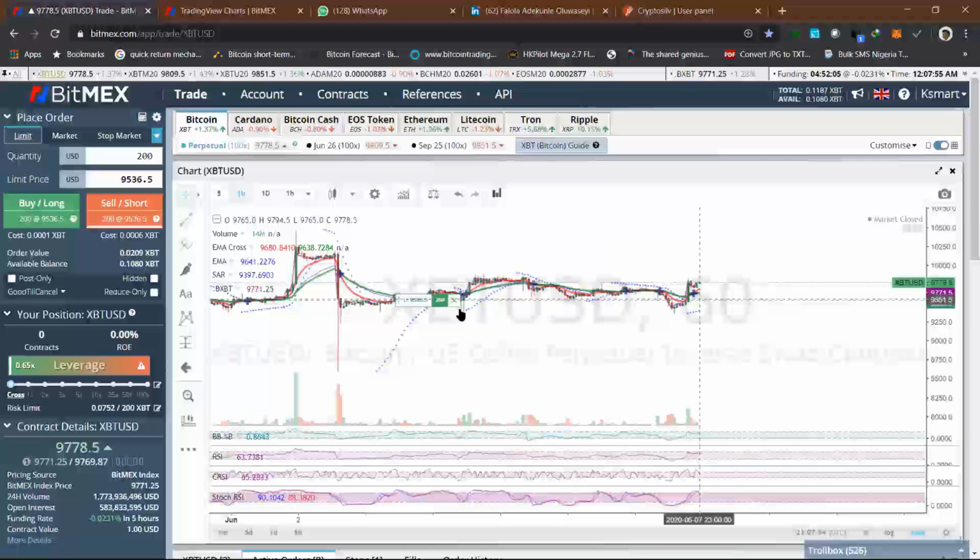So right now what I've placed is the long of $200. The next thing I'll be placing is my stop loss. If I'm going to place my stop loss, what will I do? I come to my limit, stop limit.